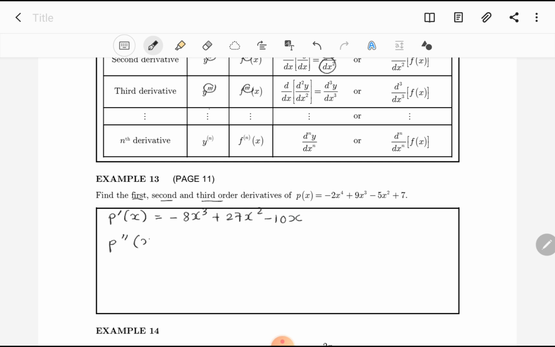For p double prime, the second order, we differentiate one more time. So we have negative 24x squared plus 54x minus 10. And for the third order, we have negative 48x plus 54.